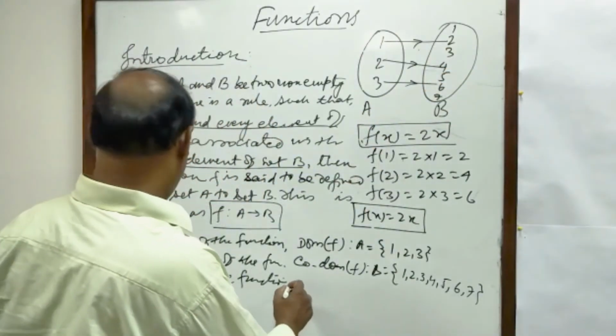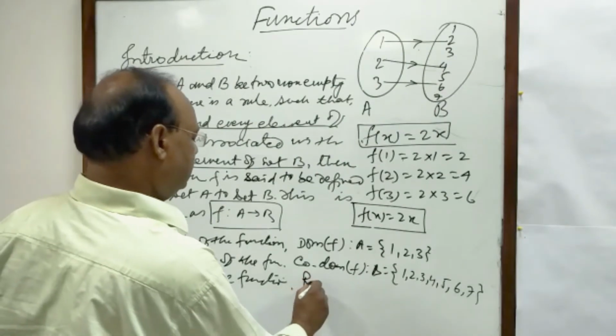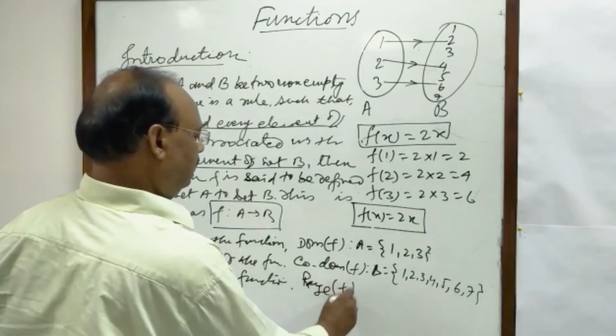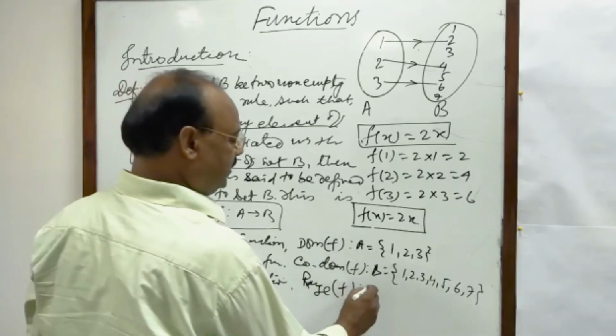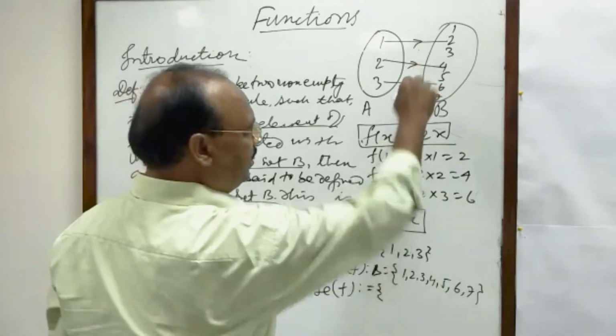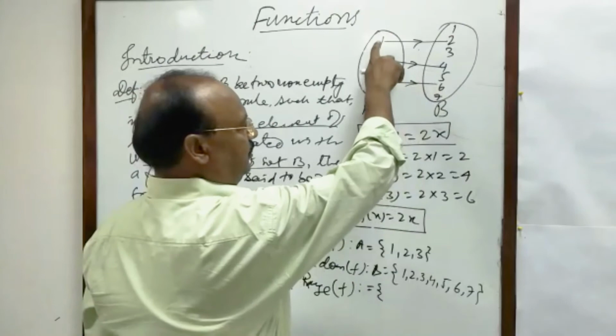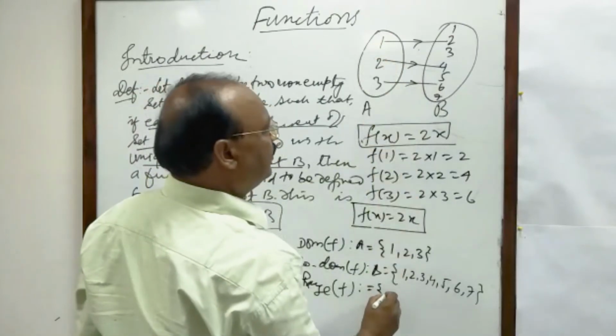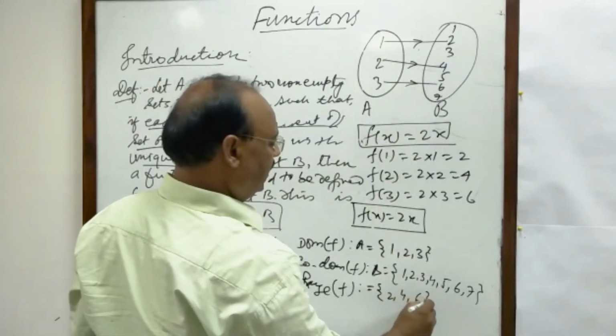So the range of the function is a set which consists of only those elements which are associated with elements of set A. So here elements will be 2, 4 and 6.